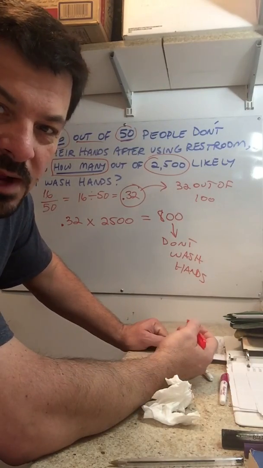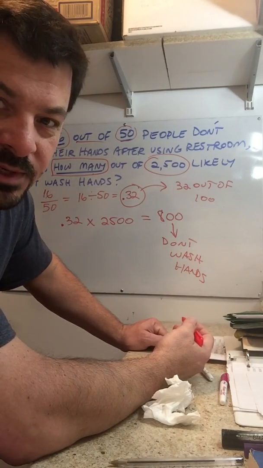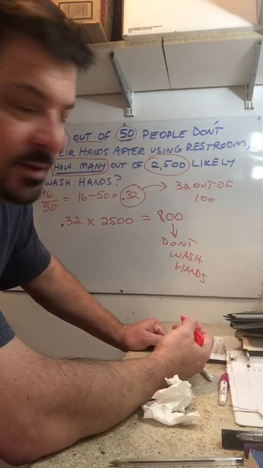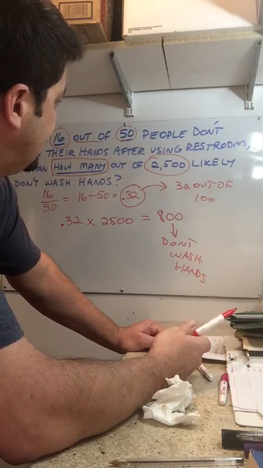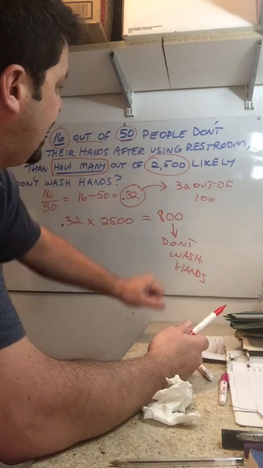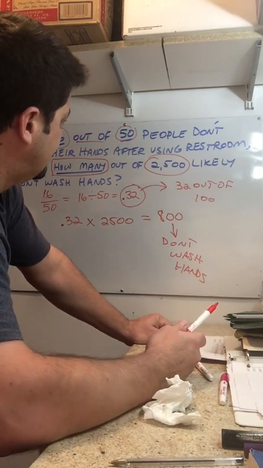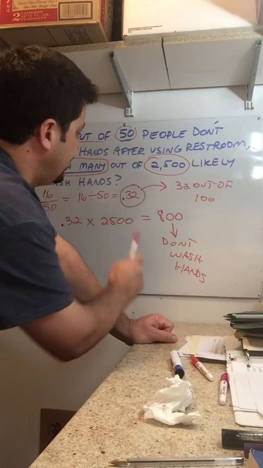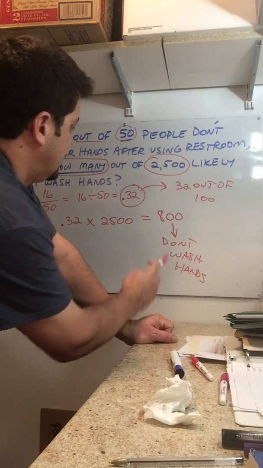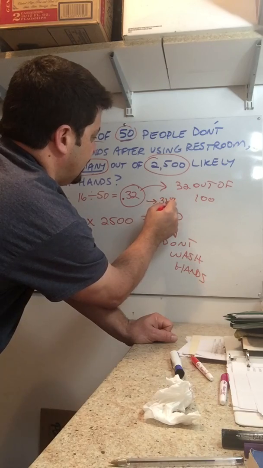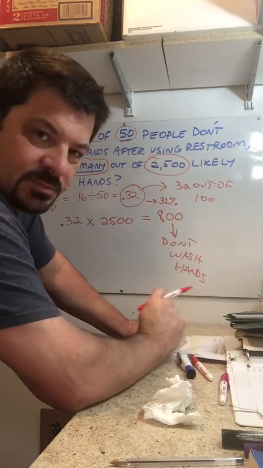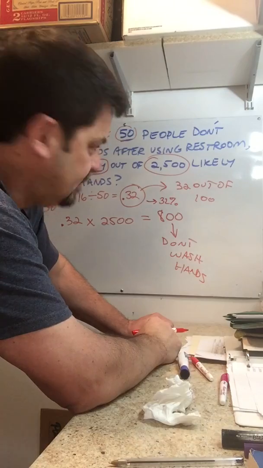So I want you to practice this math with some other problems I'm going to give you. And I want you to think about this for a second. If 0.32 is also equal to 32%, that word percent just means out of 100.